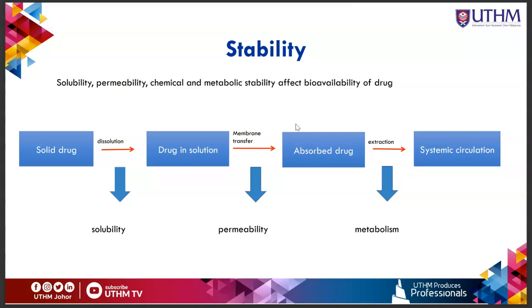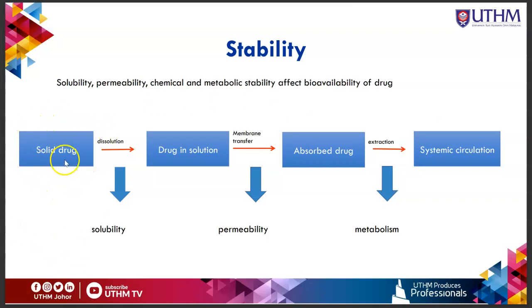The pre-formulation study will evaluate the drug stability under various conditions, helping to choose appropriate packaging and storage conditions, as well as guiding formulation decisions to enhance its stability.